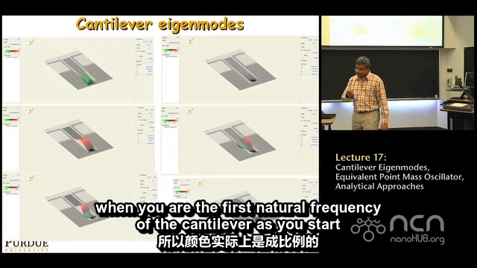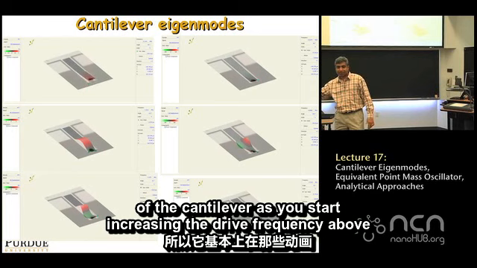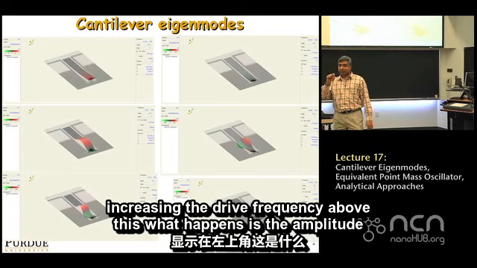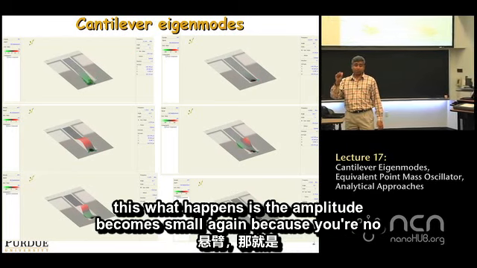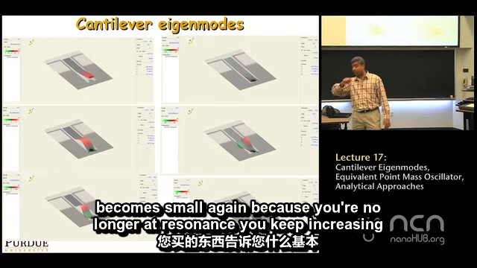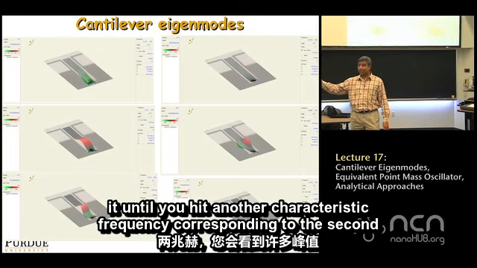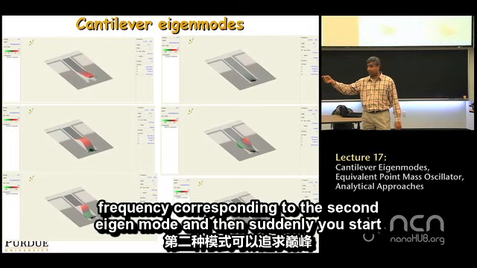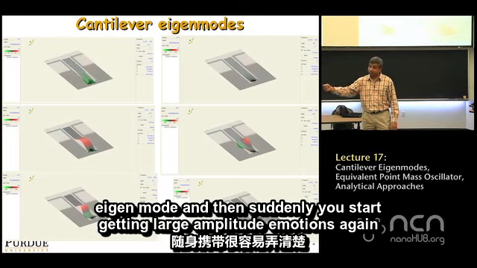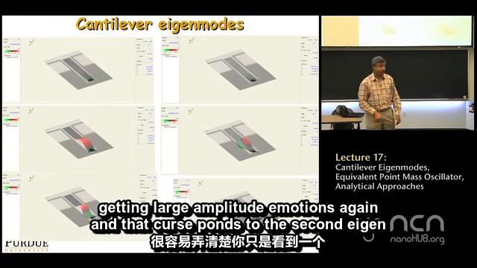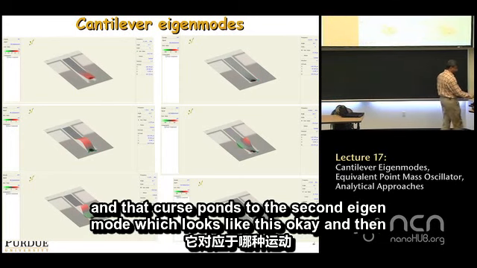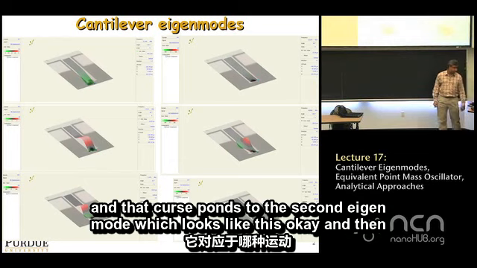As you start increasing the drive frequency above this, what happens is the amplitude becomes small again because you're no longer at resonance. You keep increasing the excitation frequency until you hit another characteristic frequency corresponding to the second eigenmode. And then suddenly you start getting large amplitude motions again, and that corresponds to the second eigenmode, which looks like this.